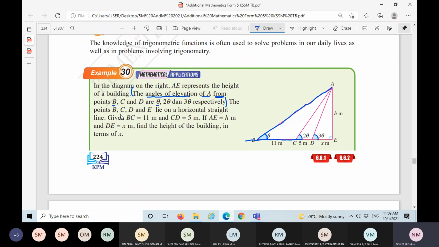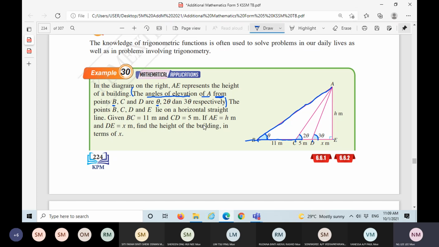So the points B, C, D, E lie on a horizontal straight line. BC is 11, CD is 5, AE is H, and DE is X. All labeled already in the diagram.